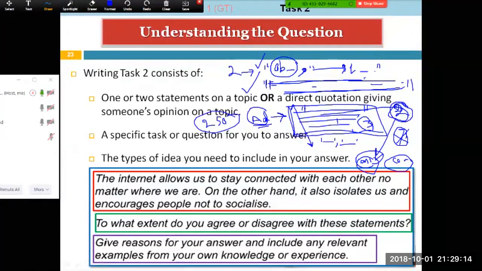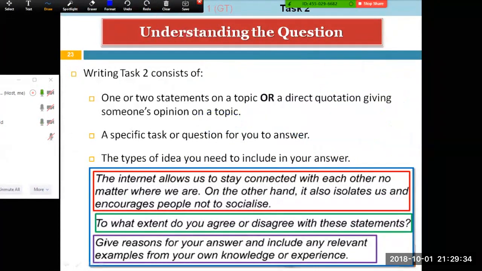In that case, I would say the internet is a wonderful tool that allows us to stay connected with our family and friends, no matter where we are. So now I'm expanding on this single point. I hope that is clear. That is just to give you a short idea, right? Now let's move to the main part of the lecture.